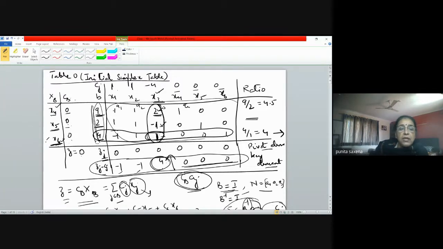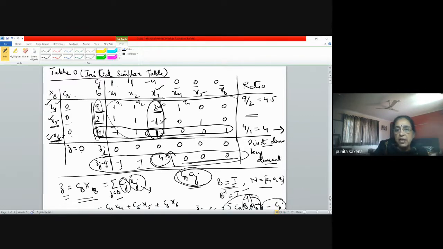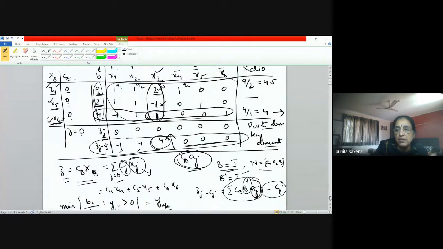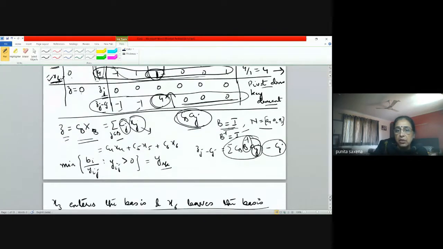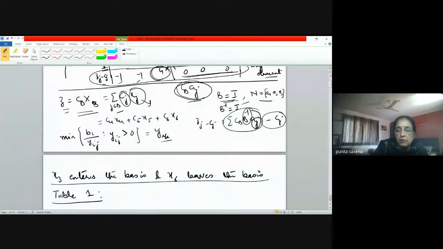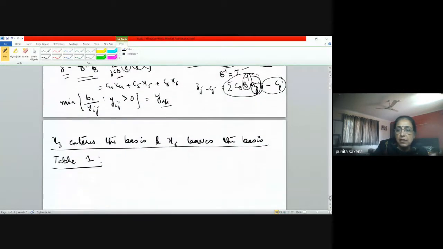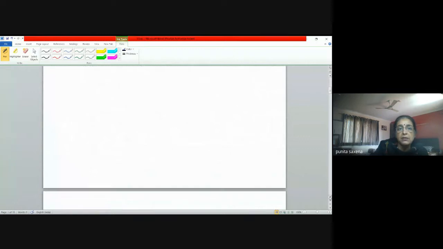But the only difference in the next table is that my basic variables are now going to be x4, x5, and x3. Is that okay? So now you will have to help me, because I'll keep on switching between this table and the next table. In my next table, of course, the columns, the headings, remain the same.